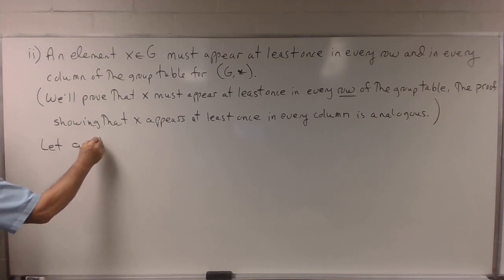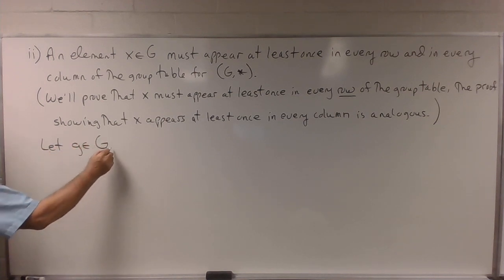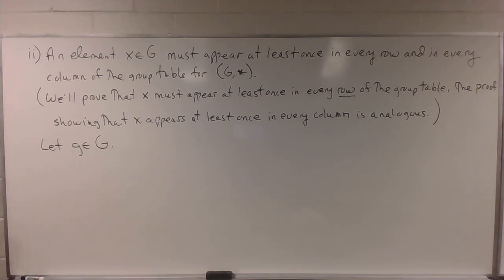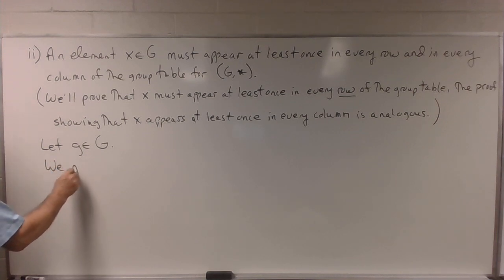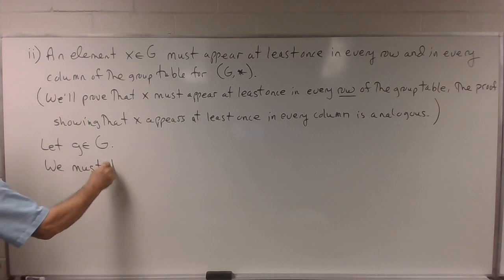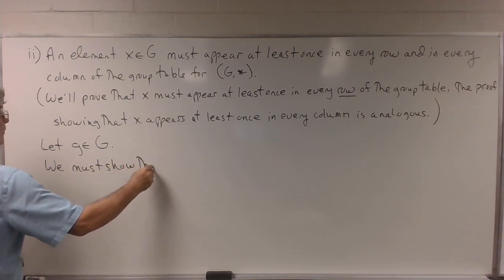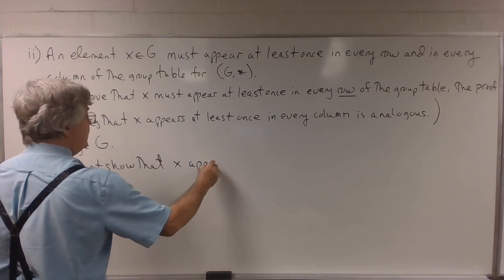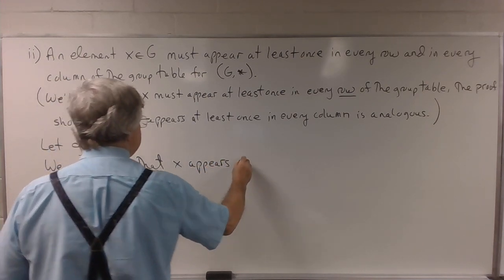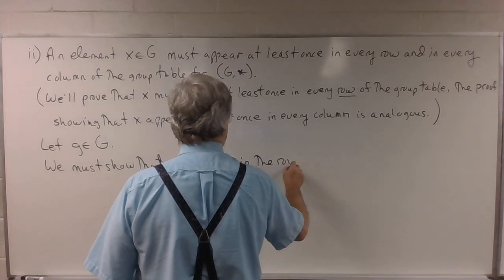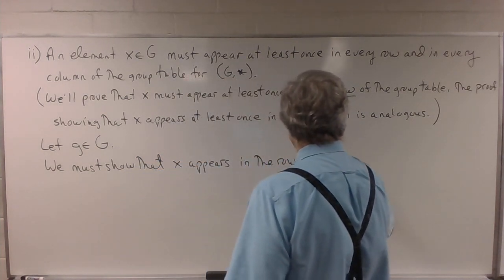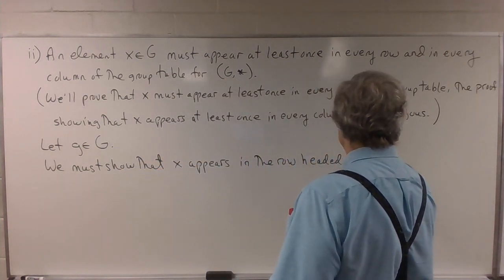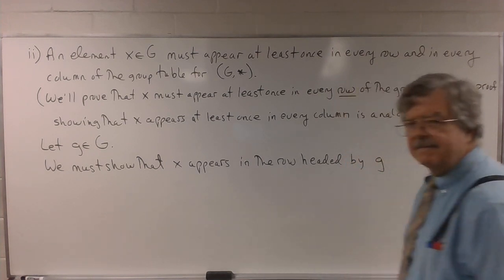Let g be an arbitrary element of the set G. And we have to show that X appears in the row headed by g.